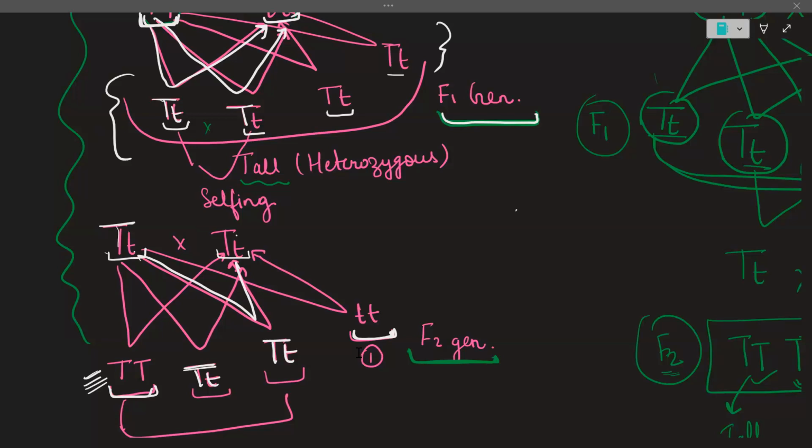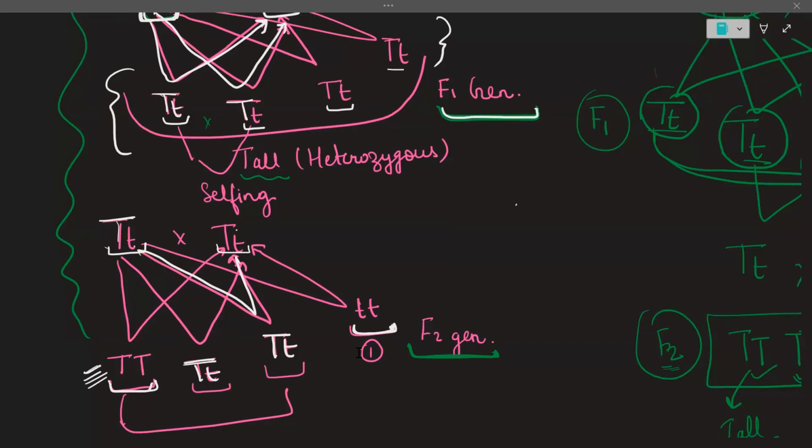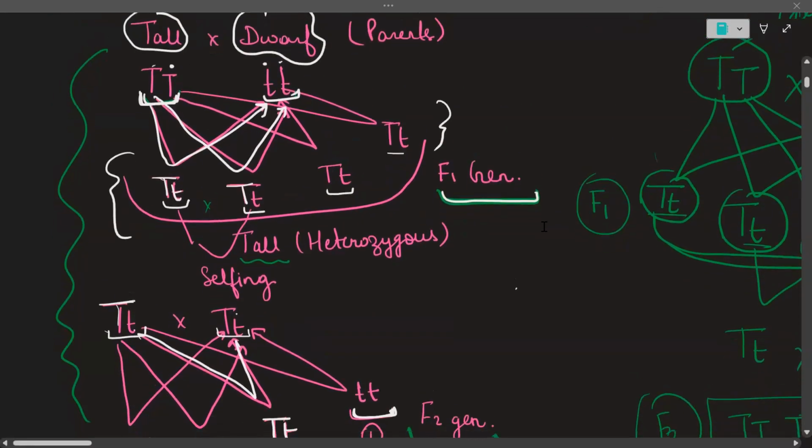Also, has everyone here understood how to make the crosses? How to do the monohybrid cross? Is it clear to every single person here? Yes, ma'am. What about Ikra? What about Umar? What about Amina? Yes, ma'am.